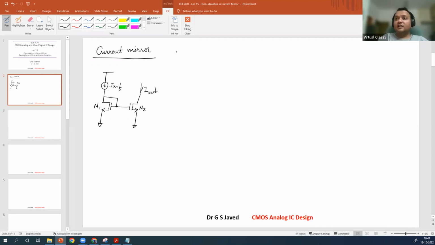What is the reference current equation? IREF is equal to half mu n Cox W over L 1 VGS1 minus VT1 whole square. What is the I out?